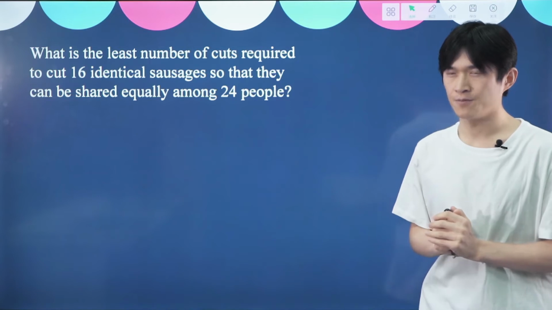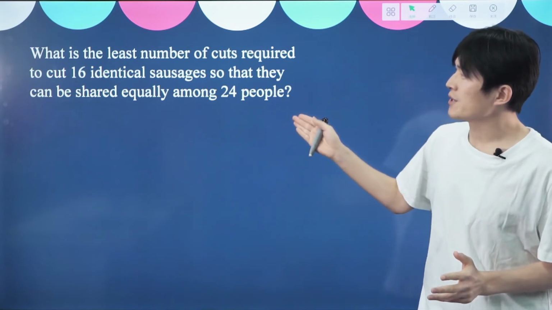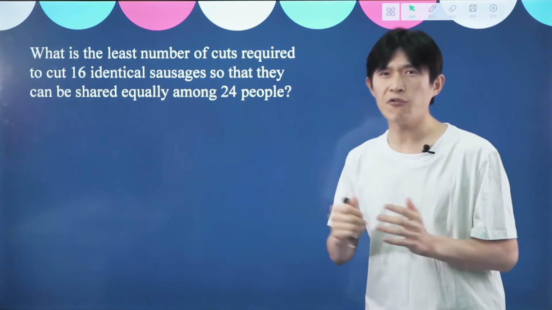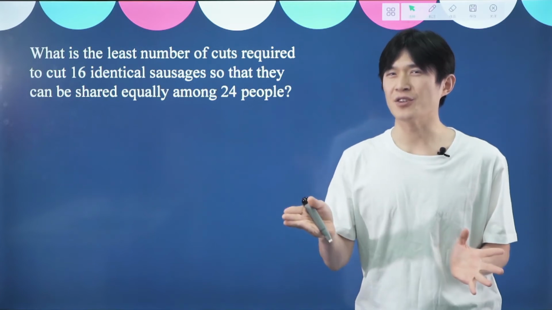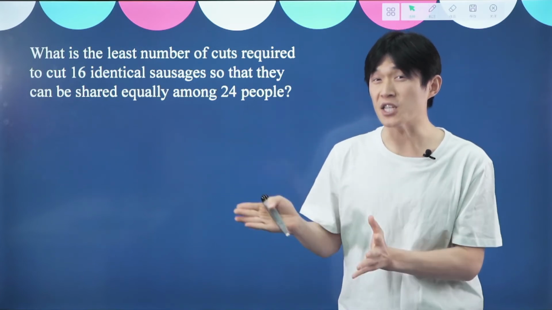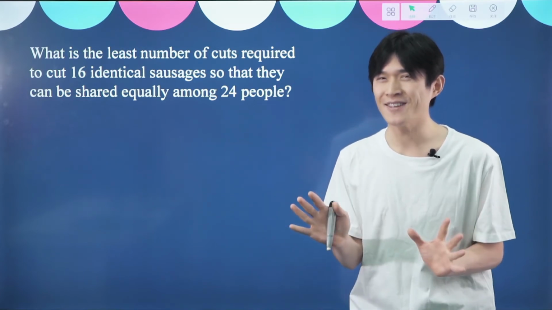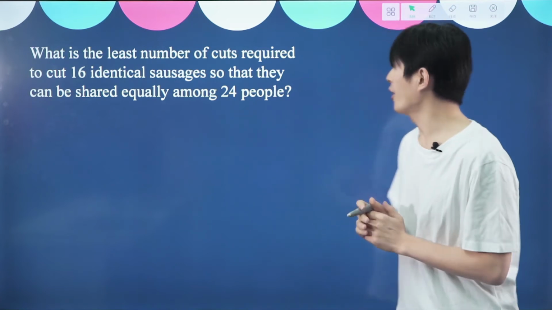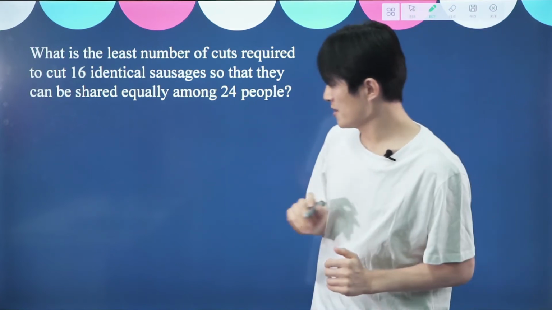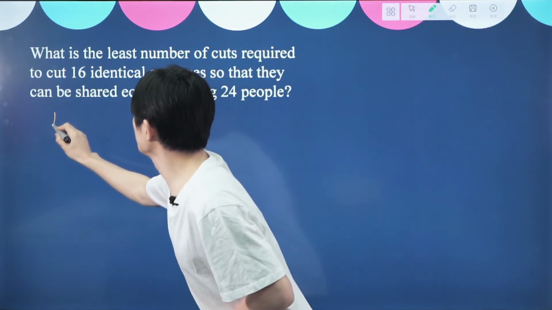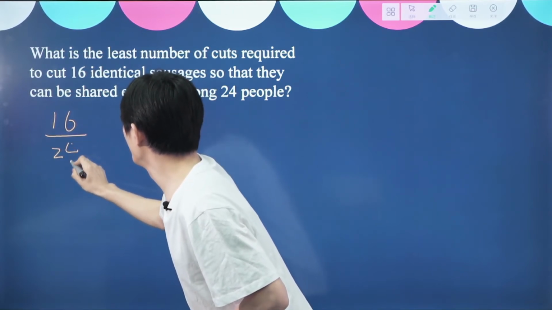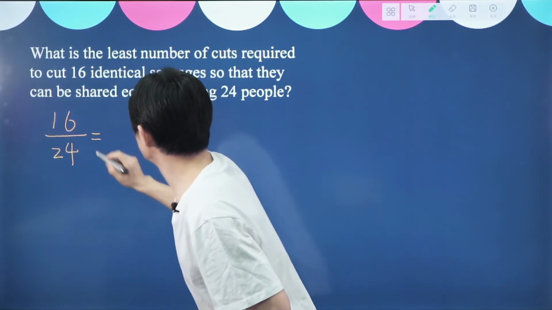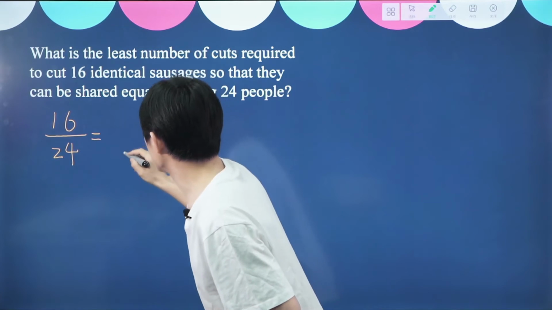They're identical, and they are equally shared by 24 people. So first, we know the fraction of sausage for each person is 16 divided by 24.